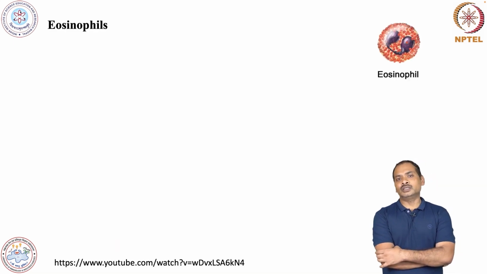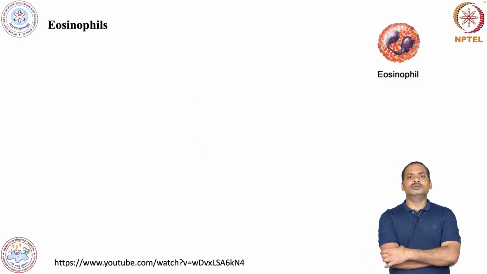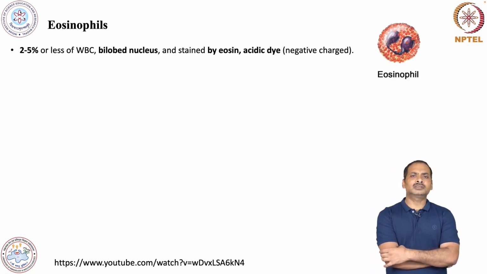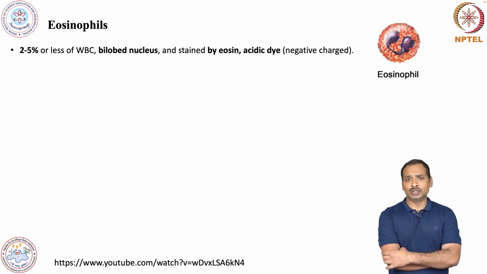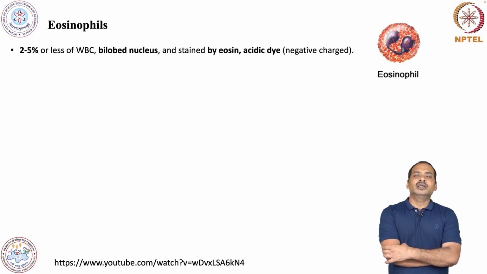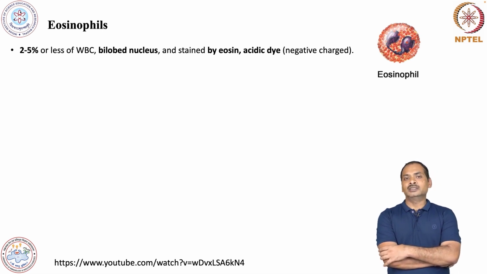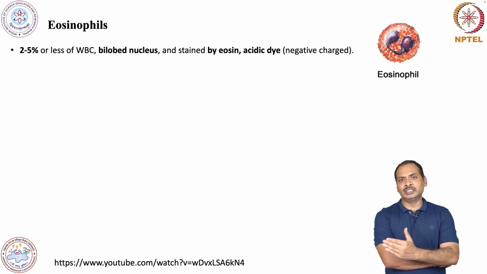Eosinophil is a cell present in the blood, and their number is quite low compared to, of course, neutrophils. It is only 2 to 5% of total white blood cells. Here you can see that they have a bilobed nucleus, so you can easily distinguish them under the microscope.